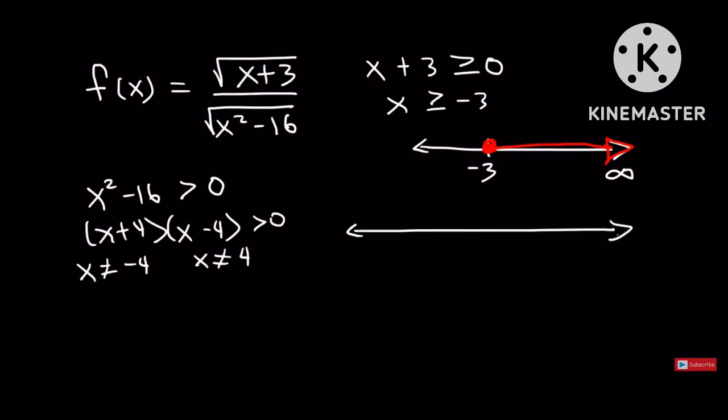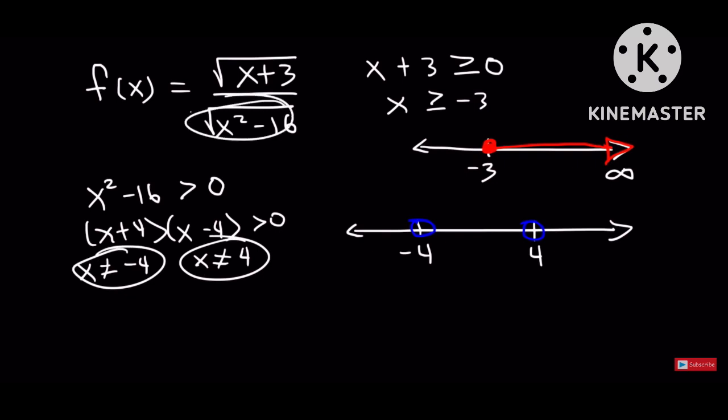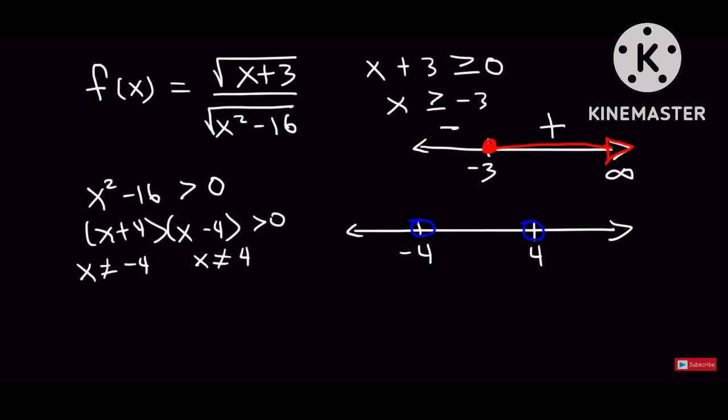So we're going to make a second number line. Now the reason why it can't equal is because we don't have the underline symbol. It's only greater than 0 but not equal to 0. So let's start with an open circle at -4 and 4. Now whenever you have two circles on a number line due to a square root function, I like to do a sign test to find out which regions are going to be negative.